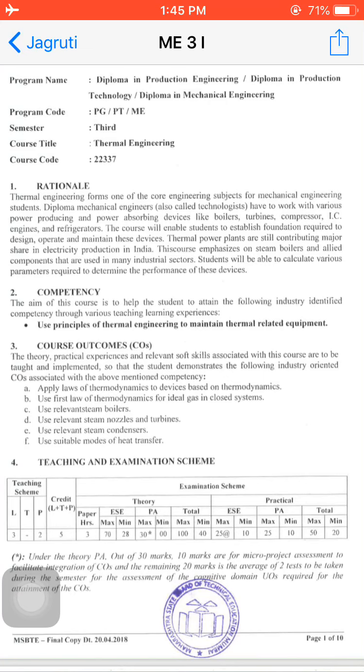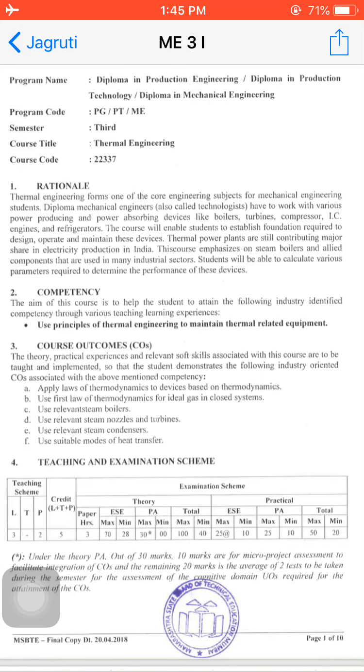Now, we have to see the examination scheme of Thermal Engineering. There are 3-hour papers. Theory paper, which is 70 marks, where minimum 28 marks are required.